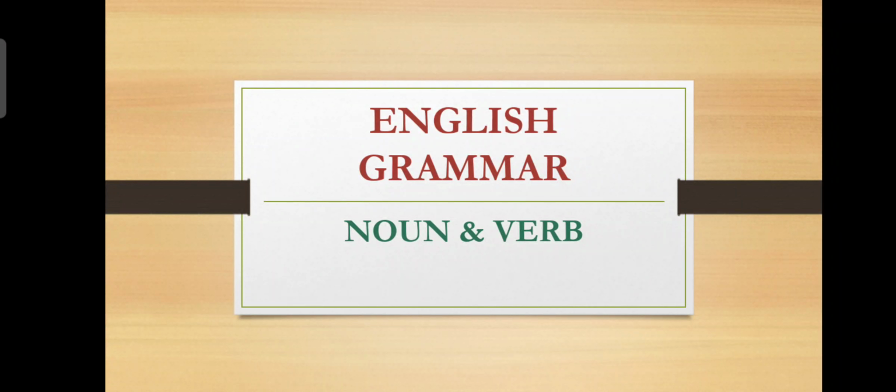One word is also used as a noun as well as a verb. So come on, let's go further and learn how to use one definite word as a noun and also as a verb. So come on, let's start.